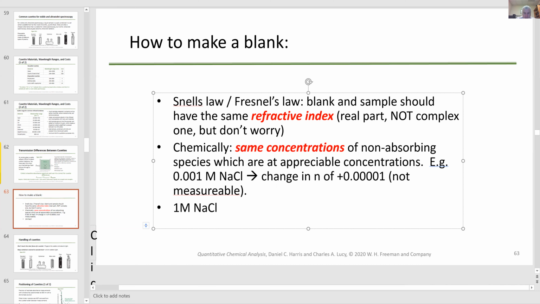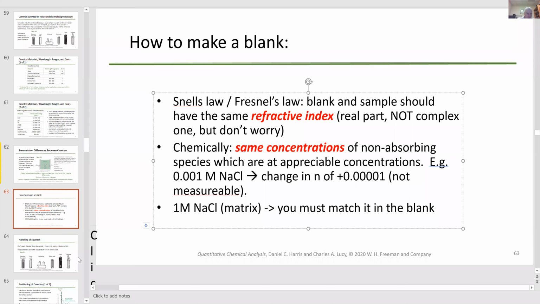And if this is part of your matrix, then you have to match it in the blank. Excellent. Any questions on this? Good.